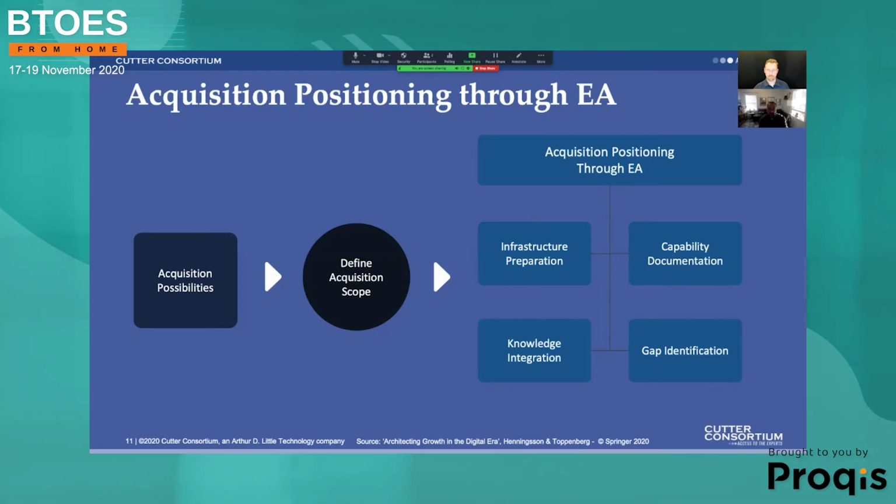There are lots of capability documentations that can be used here as well. Depending on where you're at, those capabilities may be more technical or they may be more operational and business aligned as well. There's a lot of different knowledge integration that you can complement this process with as well. And then an important area is identify all of the gaps.